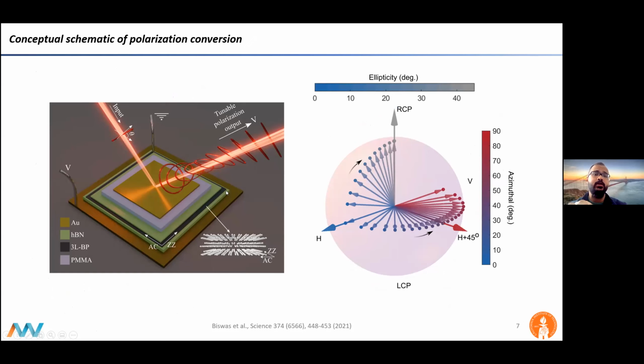In this case, we chose 3 layers of black phosphorus, mainly motivated by the need to work in the telecom wavelength bands. We embedded this in a relatively low Q Fabry-Perot cavity with a back reflector of gold and a top reflector of well-chosen impedance-matched thin gold. The idea is that we will have electrical contacts where we will be able to change the charge density in black phosphorus, and by that we can modulate the polarization state of the light.